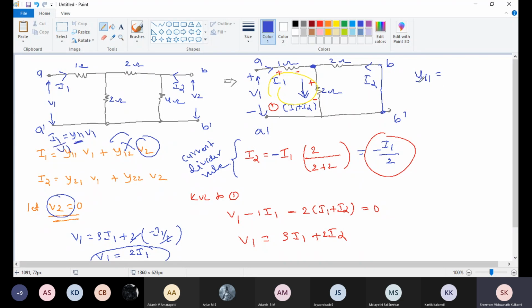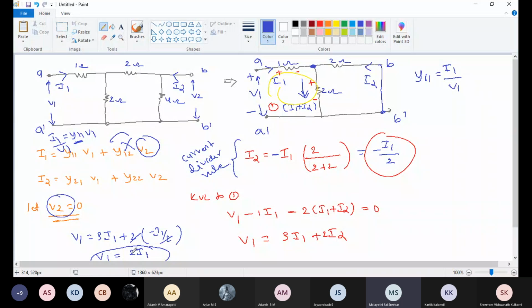Since V1 equals 2 I1, Y11 equals I1 by 2 I1, which is 1 by 2.